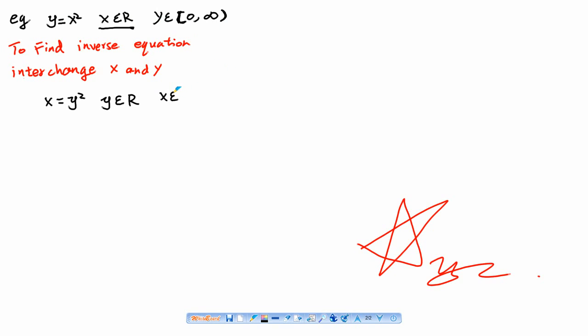So I would have x belongs to square bracket 0 to positive infinity.